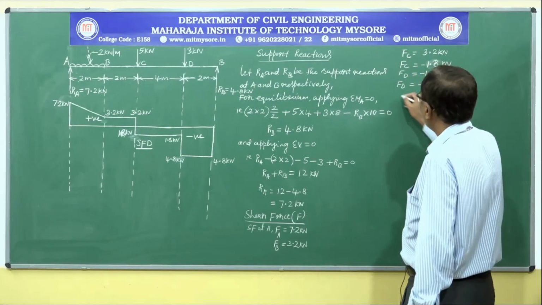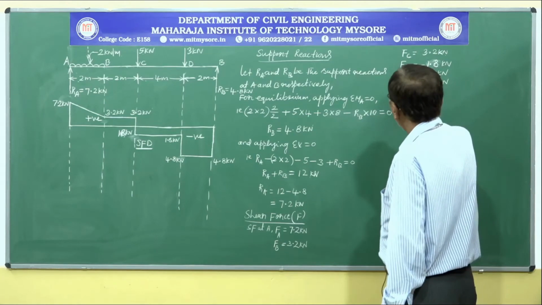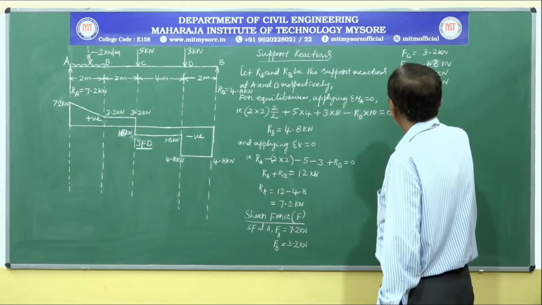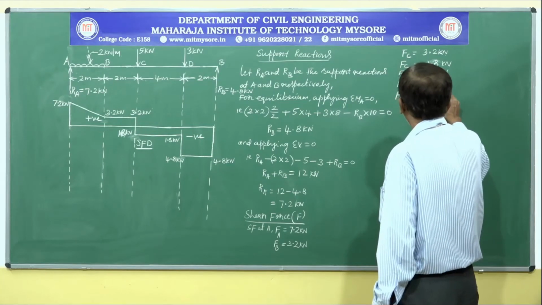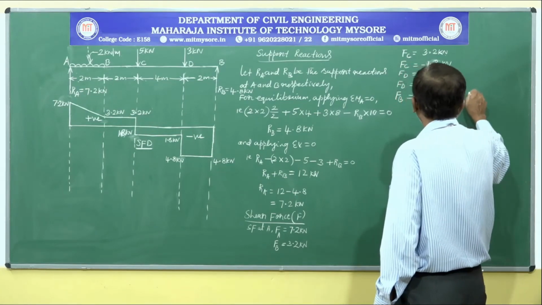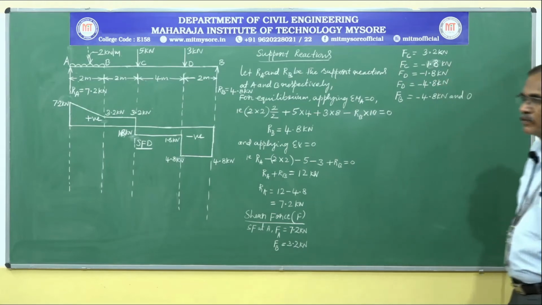Next, shear force at B, FB is equal to minus 4.8 kilonewton, and write 0, you can write R naught, no problem.